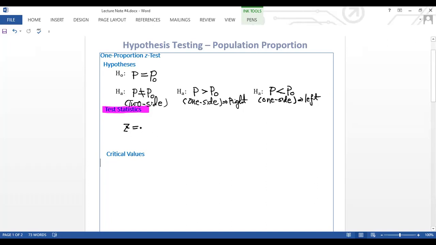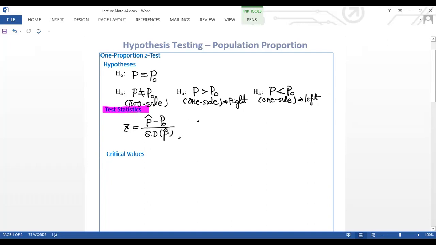So let me write down the test statistic, which we call Z. I use the capital letter Z to represent it. So what is Z? It will be P hat minus P0, divided by the standard deviation of the P hat.